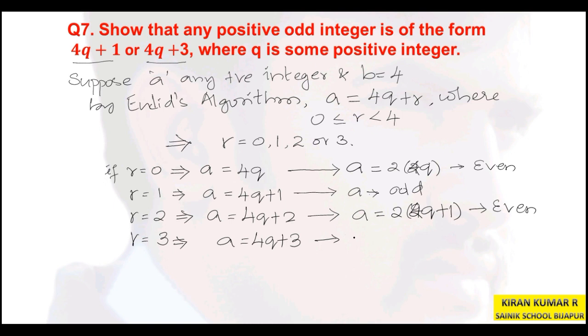So it is even plus 1, so a becomes odd. If you clearly observe, in the second and the fourth statements, we get odd positive integer. So any odd positive integer will always be in the form of 4q plus 1 or 4q plus 3.